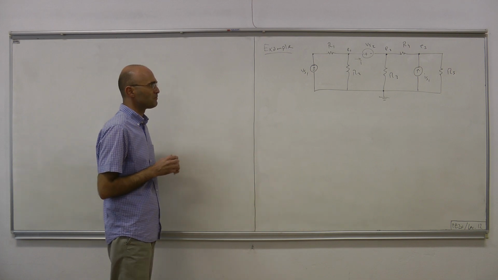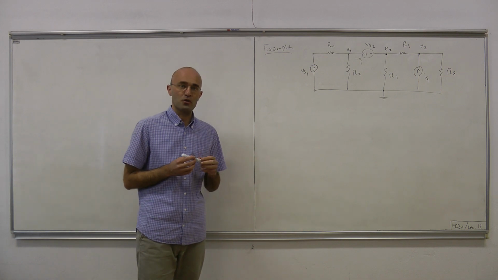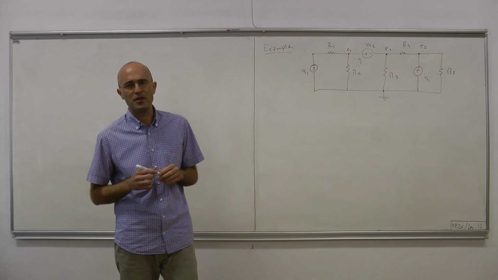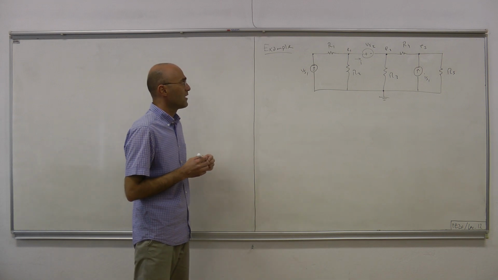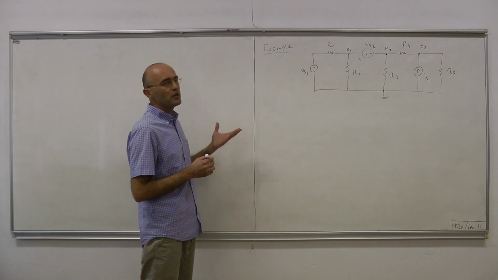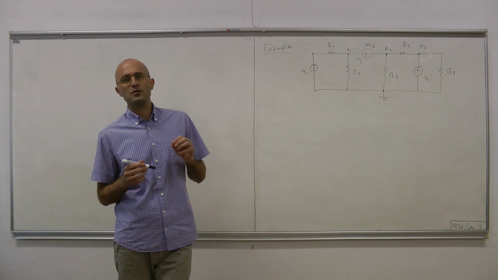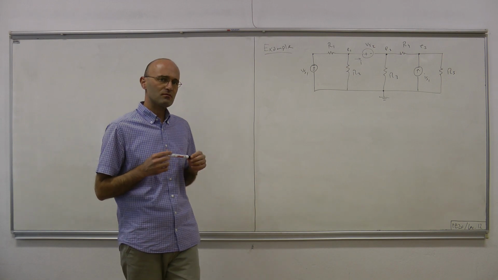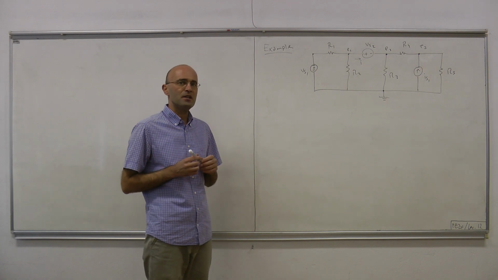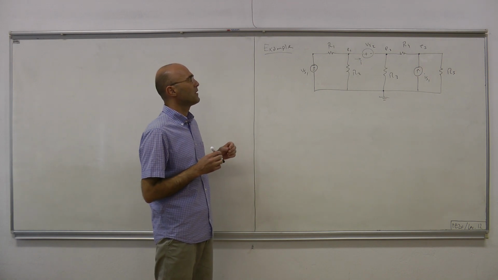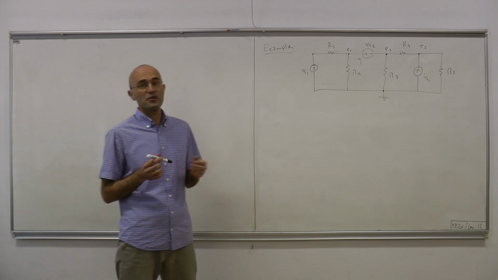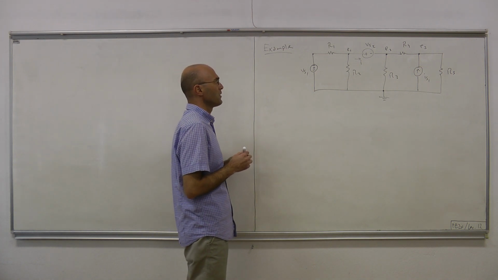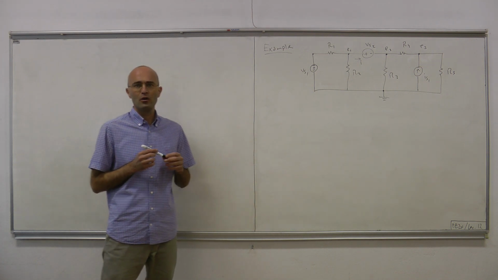If you had only independent current sources, or current sources in general in your circuit, then the method flowed smoothly. But when you had certain voltage sources in the circuit, then sometimes it may not be easy or possible to write the currents through them in terms of node voltages.